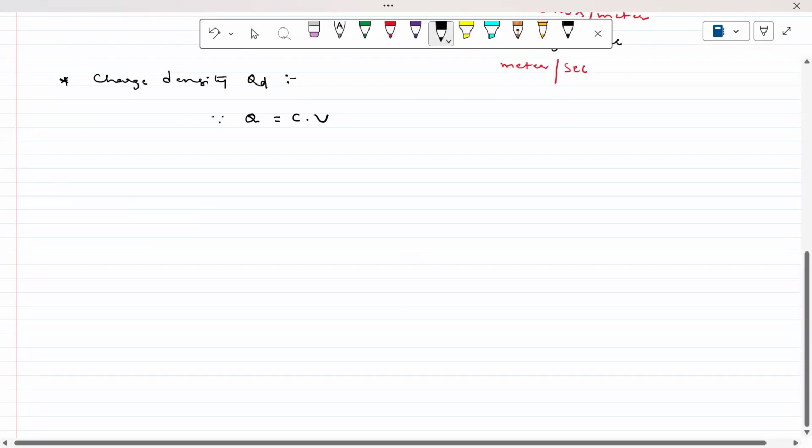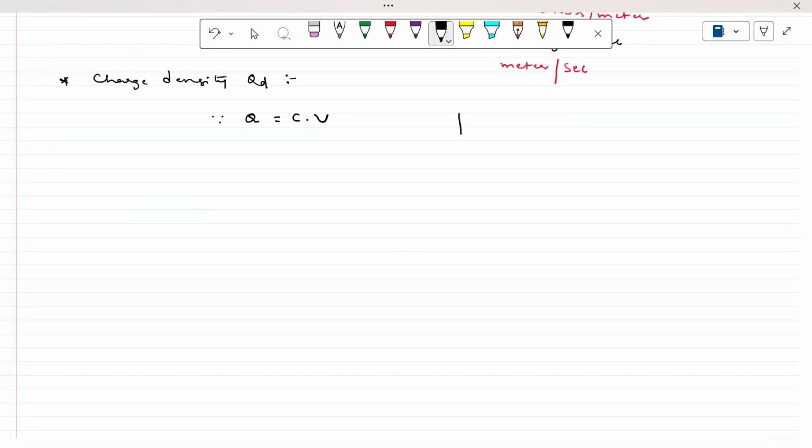If you talk about this capacitor here, what is the C? It is actually a metal oxide semiconductor capacitor, the MOS capacitor.